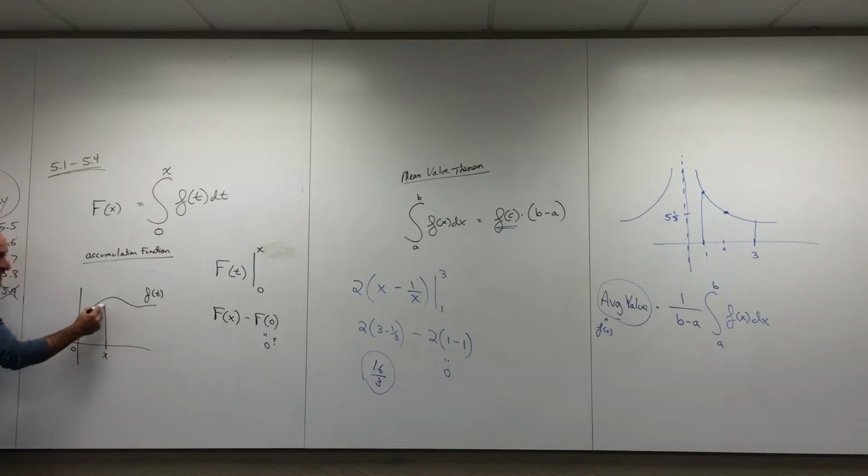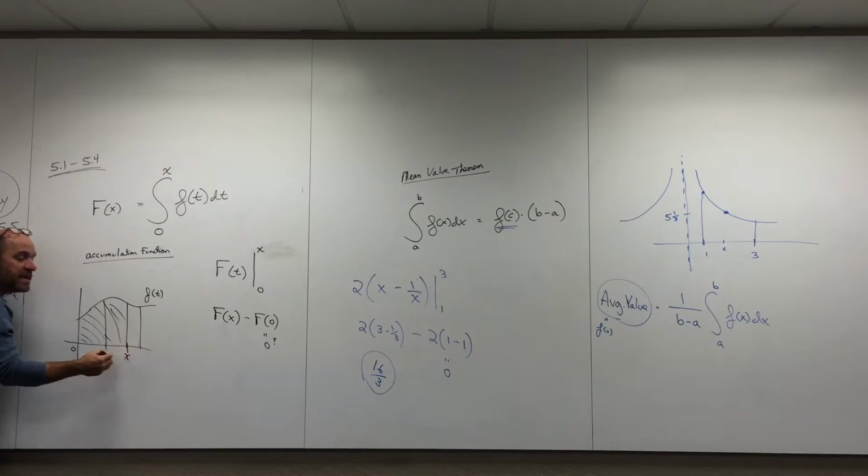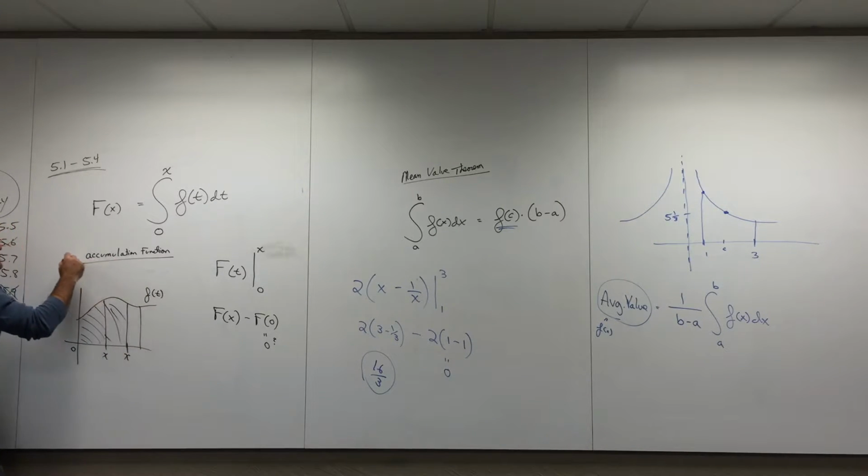Here it is, and so it would be this area. But if x moved slightly, it would be over here, and you'd get more area. And if you let x get bigger, you would be sort of accumulating the area under this curve. And so you can sort of call this an accumulation function. It's accumulating area under the curve.